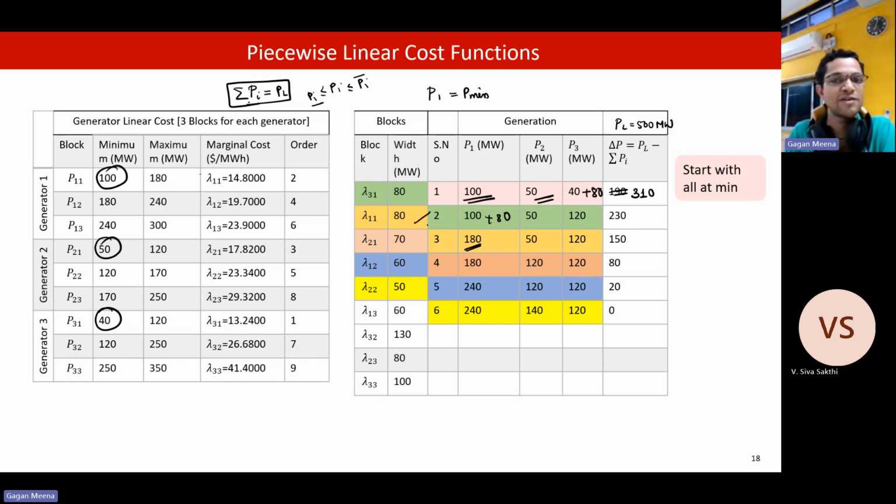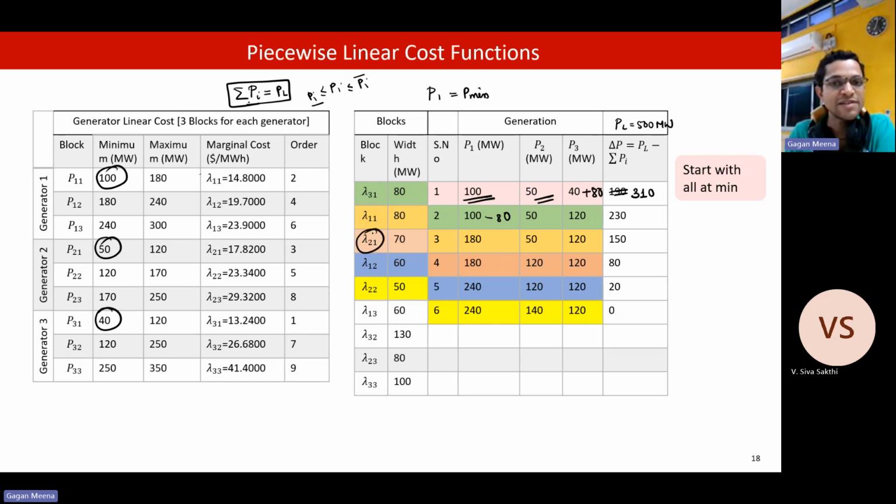Here this block is exhausted and P1 has not yet reached its maximum of 300, so we can continue. So this is 180 now, the sum is 350 and the difference becomes 150.